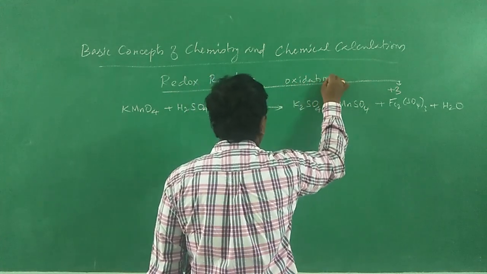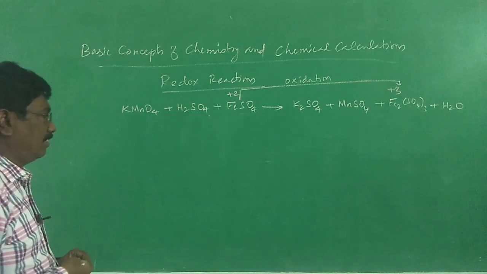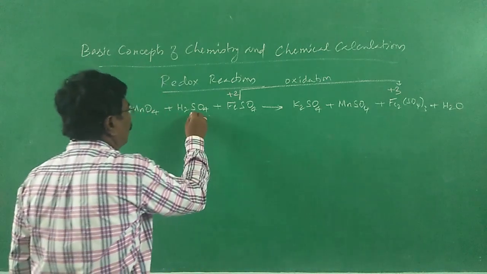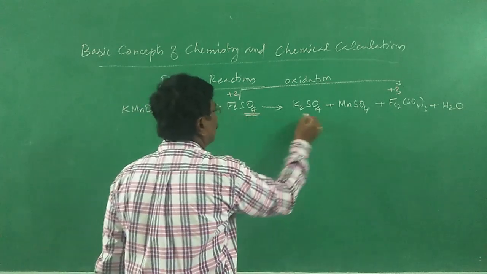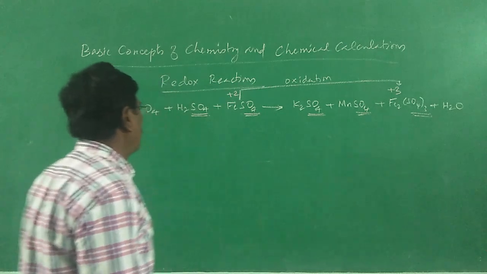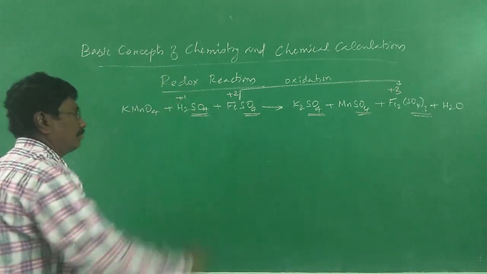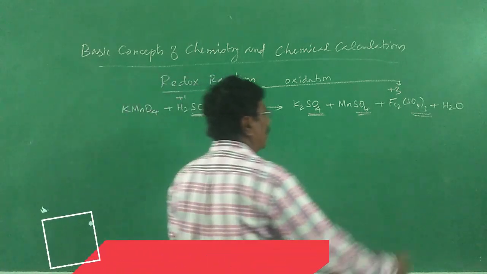So, definitely, one more element should be reduced. What is that? Sulfate is always sulfate. There is no change in the oxidation number for sulfate. Always minus 2 on the whole. Hydrogen is always plus 1. We didn't get any metal hydride like that.